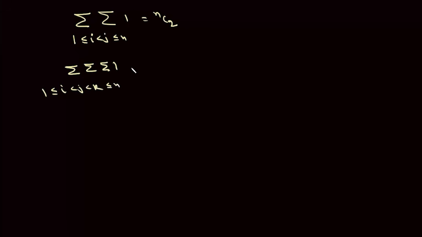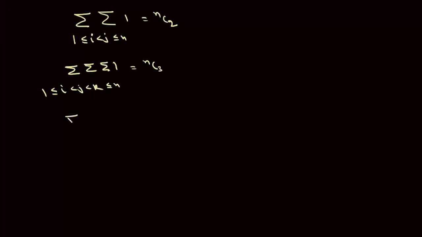Now for counting, we already know this summation, i is less than j, is less than or equal to n, summation 1, this is nC2. If we have 3 variables, so i is less than j, is less than k, is less than or equal to n, it'll be nC3.